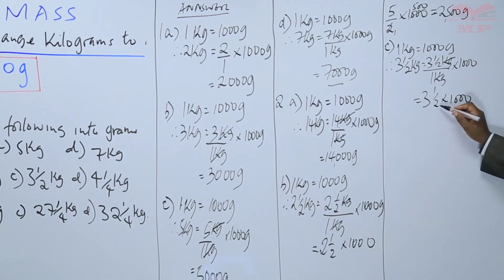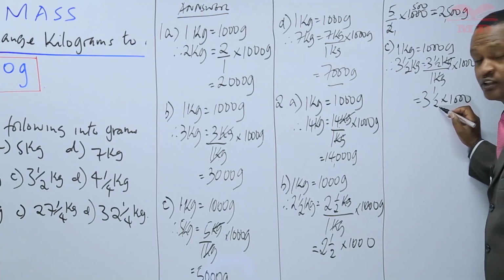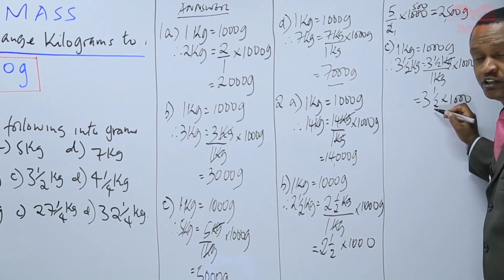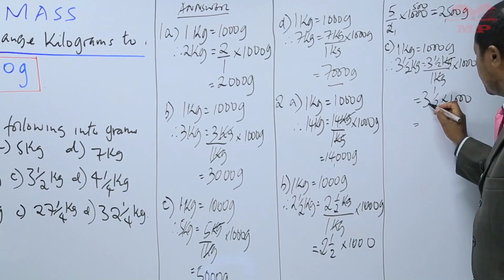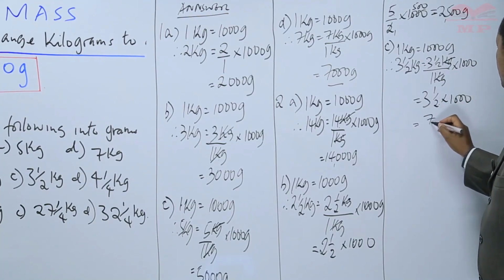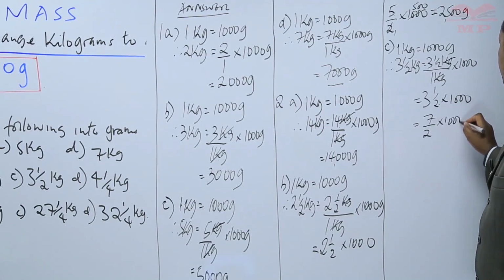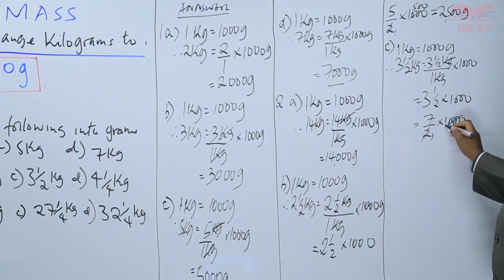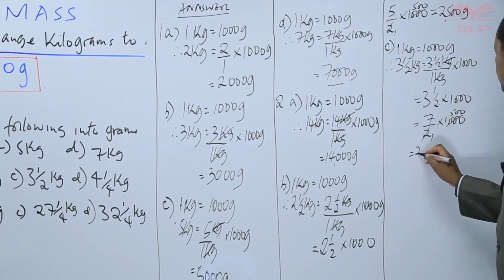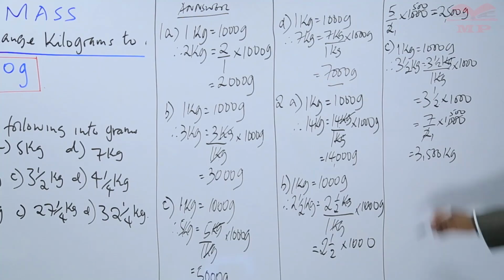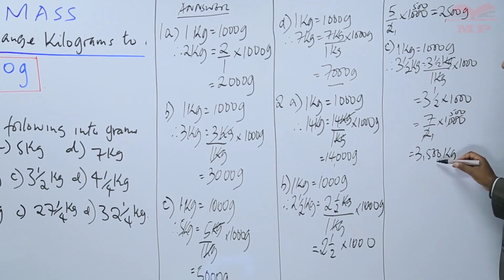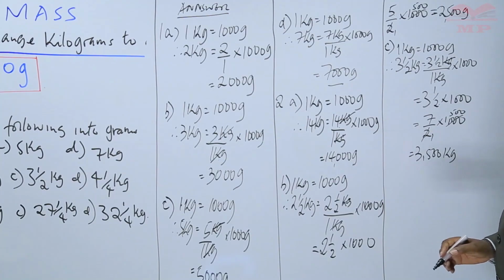This is a mixed fraction. We convert it into an improper fraction. So 2 times 3 plus 1 is equal to 7 over 2 times 1,000. 2 goes here once, 2 goes here 500 times. So 500 times 7 is equal to 3,500 grams. 3.5 kilograms is equal to 3,500 grams.